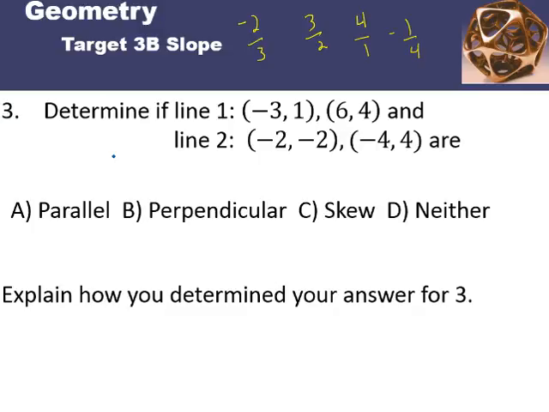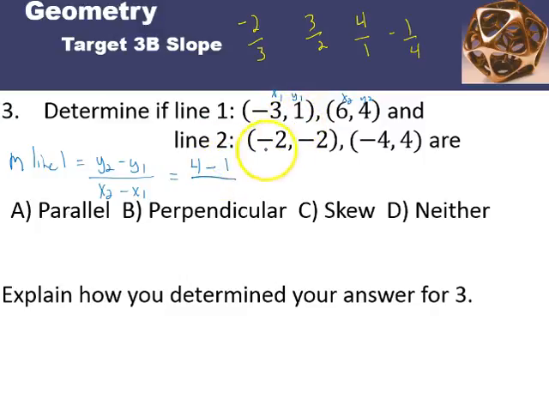So we need to determine if line 1 and line 2 are parallel, perpendicular, or neither. So I'm going to find the slope of line 1. And remember, it's y2 minus y1 over x2 minus x1. y2 is 4, and then always a minus, and y1 was a 1.